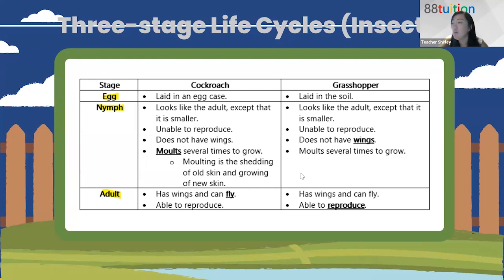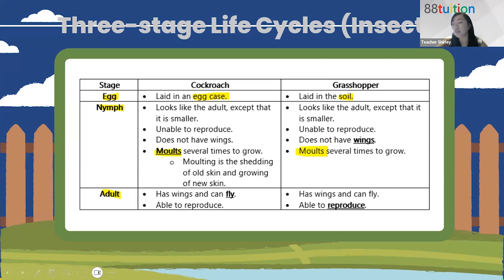Okay, now let's continue. In terms of insects, 3-stage life cycles are your cockroach and your grasshopper. Cockroaches are laid in an egg case. Grasshoppers are laid in soil. The young of the cockroach as well as the grasshopper is called a nymph. As long as it's an insect, it will molt.